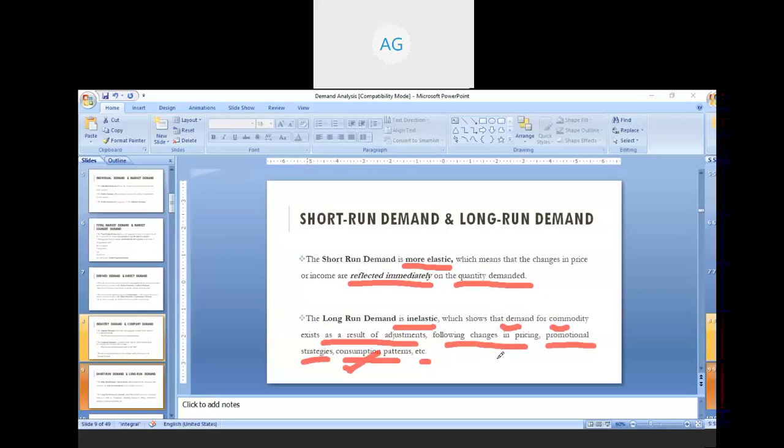They analyze the item and survey consumers on whether they are interested or have any issues with the item, and based on consumer feedback, they make improvements to the company's product. So these are the short run and the long run demand.